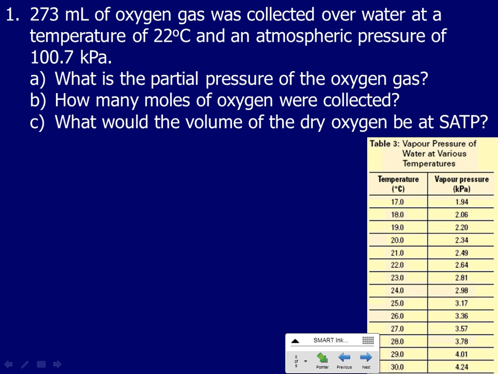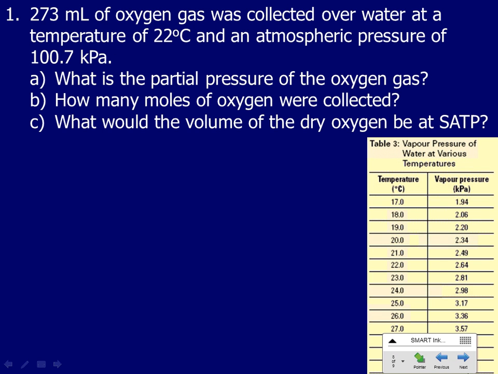I just brought up the table so that we could read the partial pressure in a moment. On a test, I simply put the partial pressure in brackets behind it. I simply say the pressure of the H2O at this temperature is.